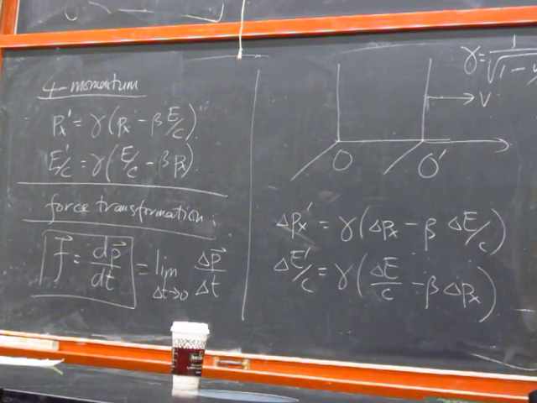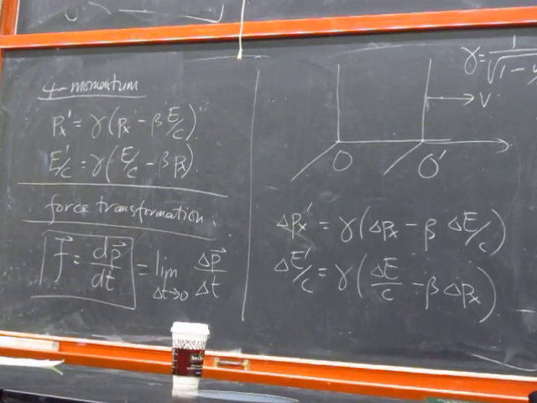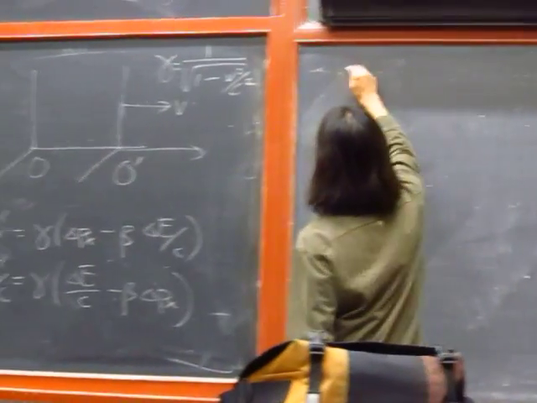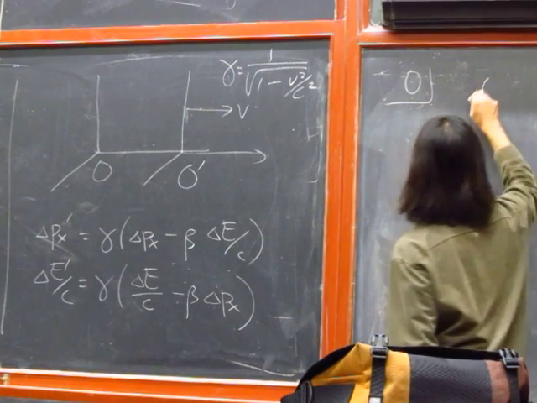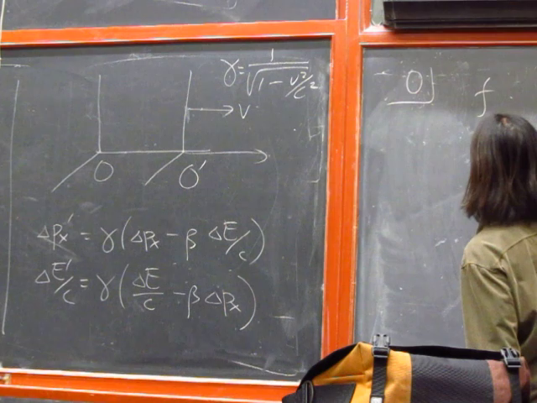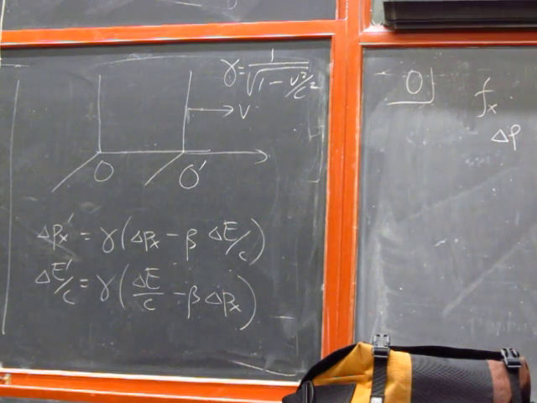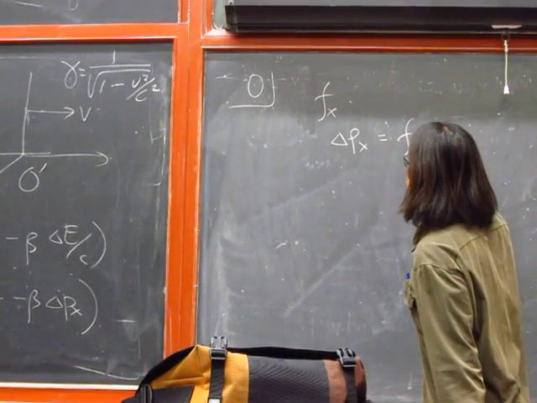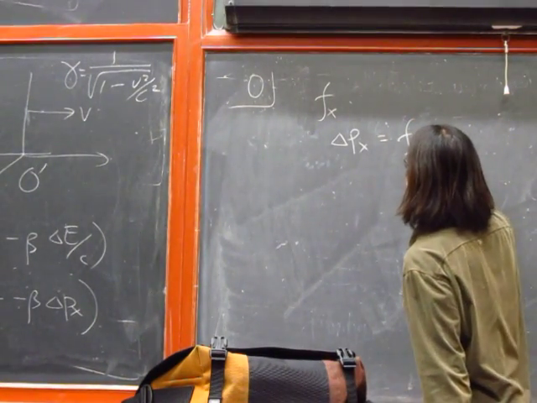Now, if I have a force F in the O frame, then the change in momentum delta px, for force in the x direction, is just Fx delta t.